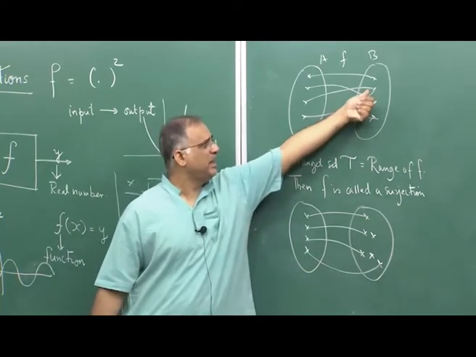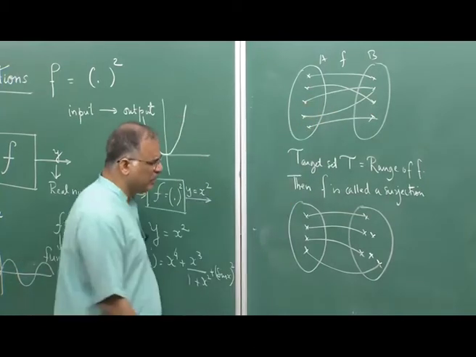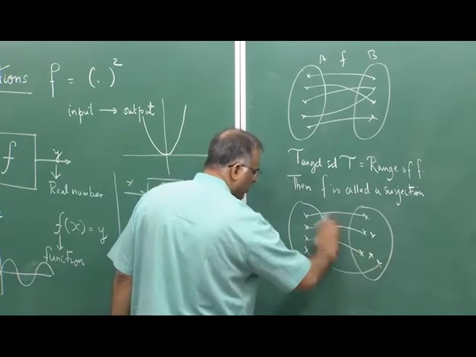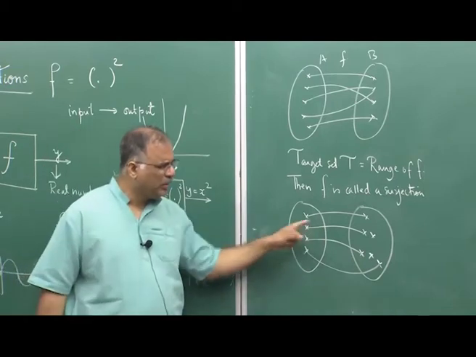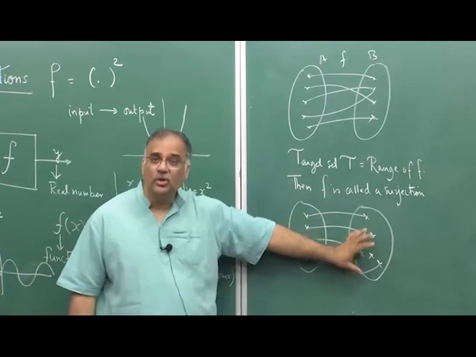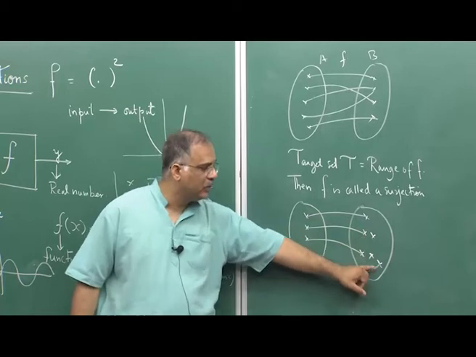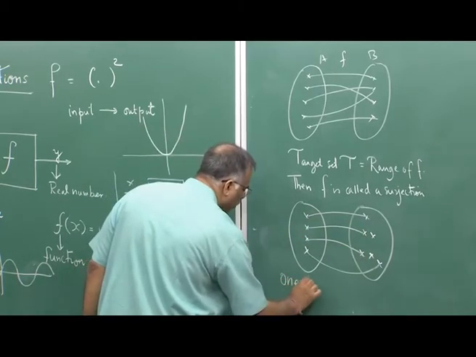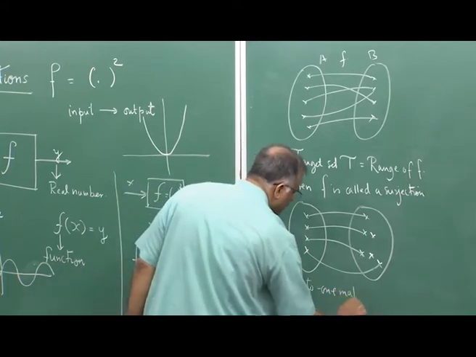Here there is a y which is linked to two different x. So, in this particular case, what you have is a one-to-one mapping, but it is not a surjection because your range is a proper subset of the codomain. The range consists of these 4 elements. So, this is called a one-to-one mapping or injection.